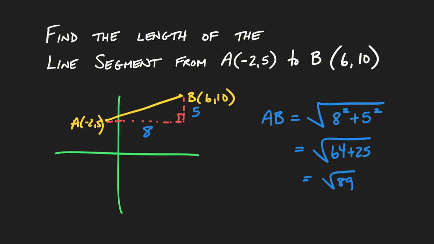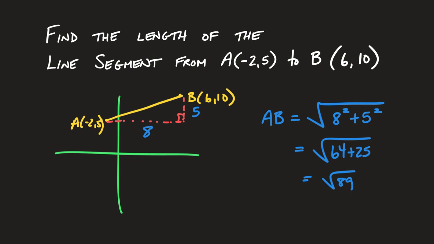So my argument to you is: think about that line segment as a hypotenuse, determine a horizontal side, a vertical side, who cares what order you do that in, and use the Pythagorean theorem.